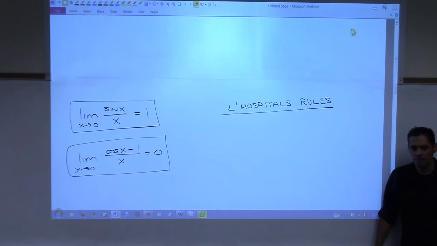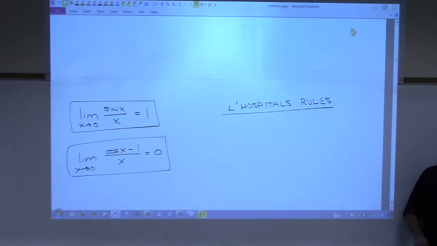L'Hôpital's Rule. And this is what we're going to spend all of next class on, and probably a lot of the next class also. So all of next week will be spent on 3.7. And the reason why is because this rule is really, I'm trying to find a word that would be not vulgar to describe how wonderful it is.